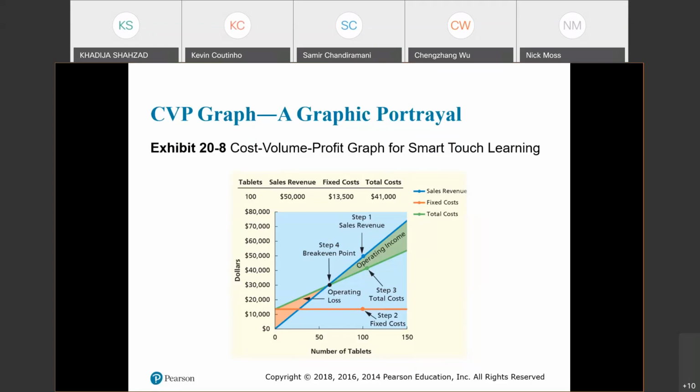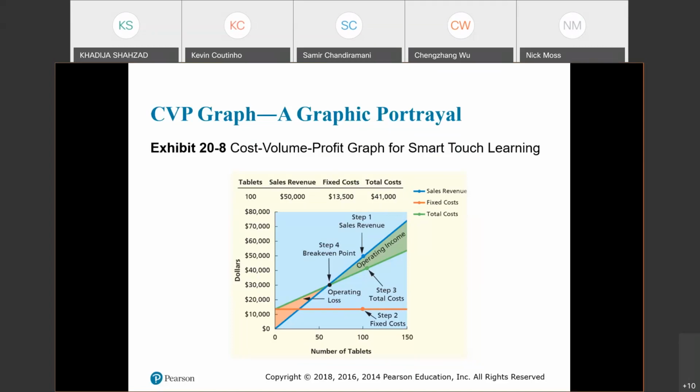It has both variable and fixed cost natures, because the total cost starts at $13,500 and it has a positive constant slope. And that slope indicates the variable cost of each tablet manufactured, which is $275.